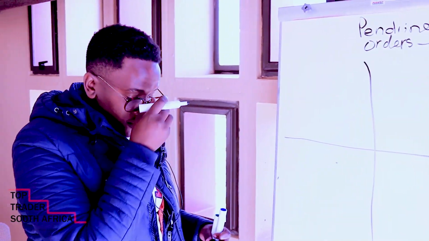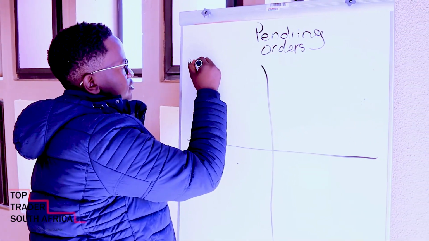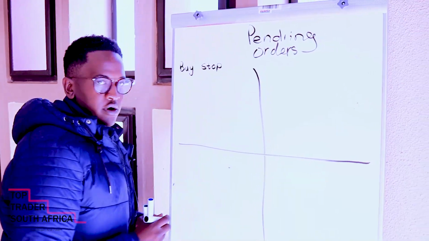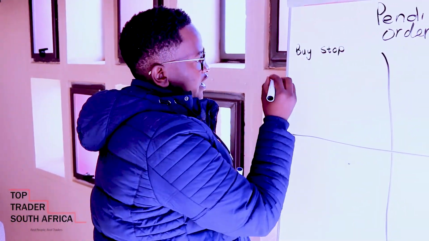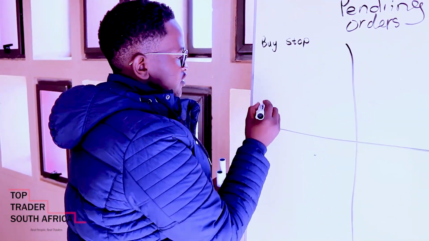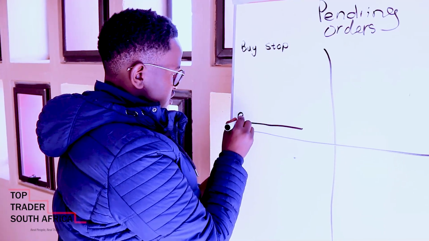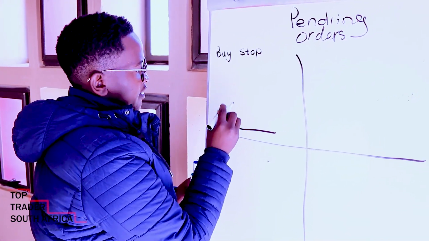So we have pending orders. First, buy stop. Right? So buy stop is like this. Let's just say, and remember all the examples are USD, let's just say price is trading at 14 Rand 27.